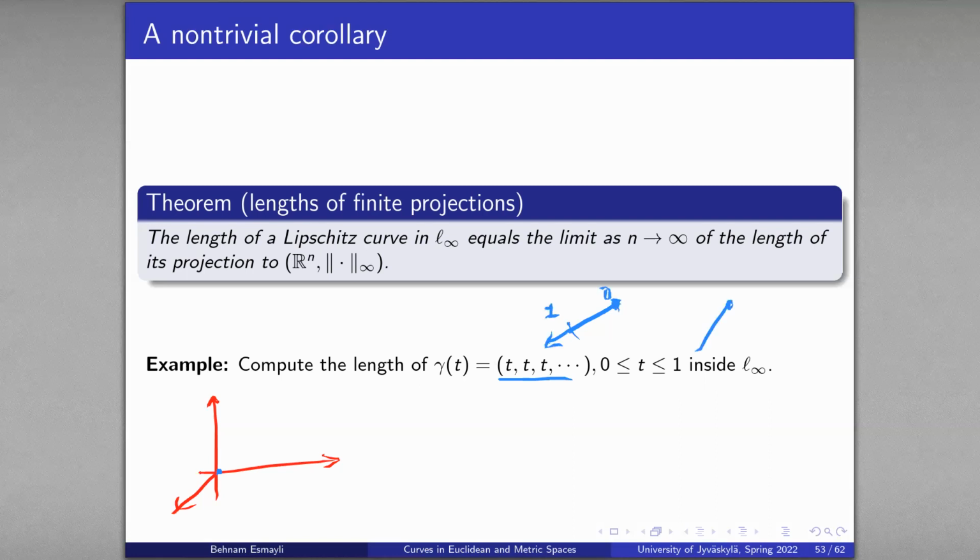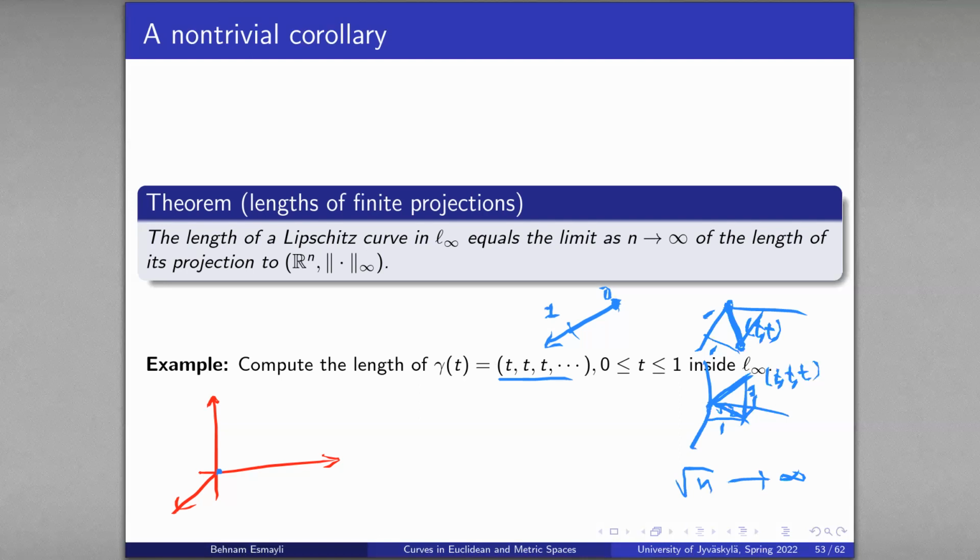If you are in R2, then here is that curve, t and t. And this would have length equal to √2, because you have one here and one here. In R3, this is the diagonal t, t, t. And this time it has length √3 because its projection is the previous diagonal. So it's 1, 1, giving √2 here, and then 1 up. So if you do n many, then you get √n, and this goes to infinity.